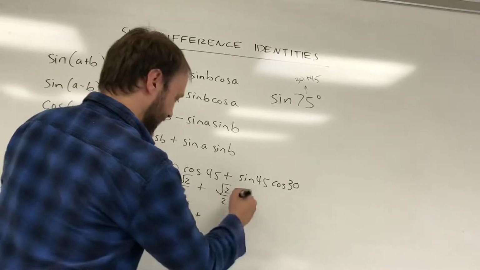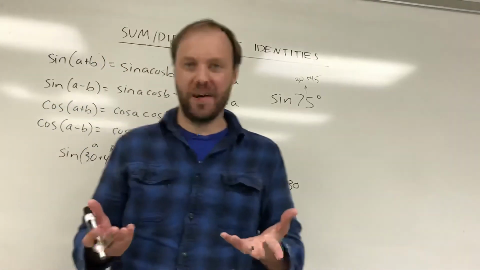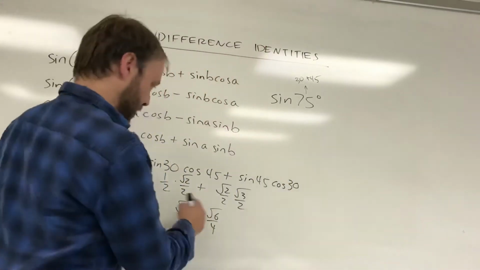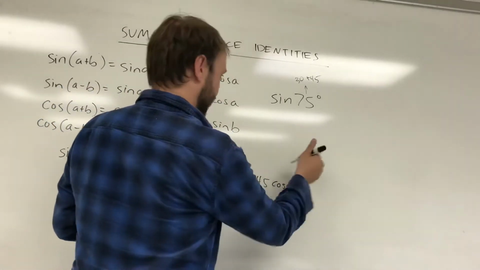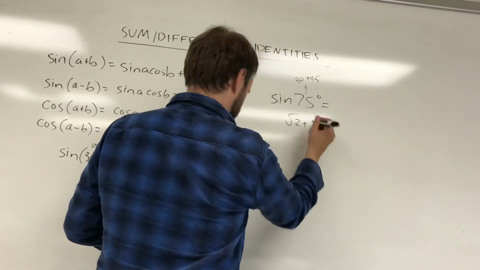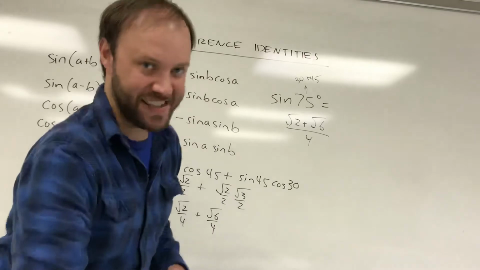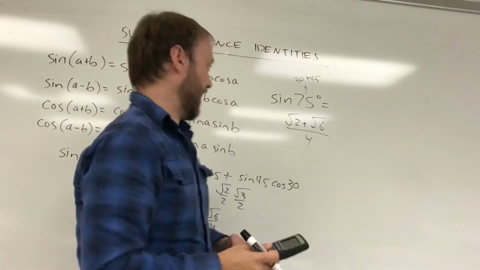And we're going to add radical 6 over 4. It's two fractions with a common denominator, so I would go ahead and add your two numerators. And we can say that the sine of 75 is equal to radical 2 plus radical 6, all of that over 4. Okay, that is the exact value of the sine of 75.